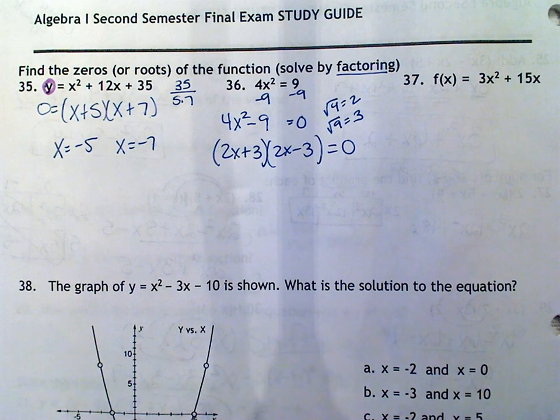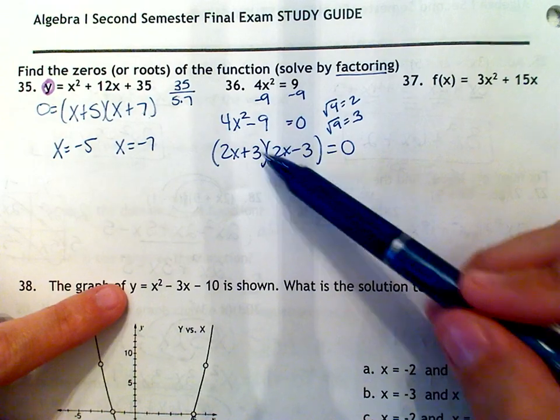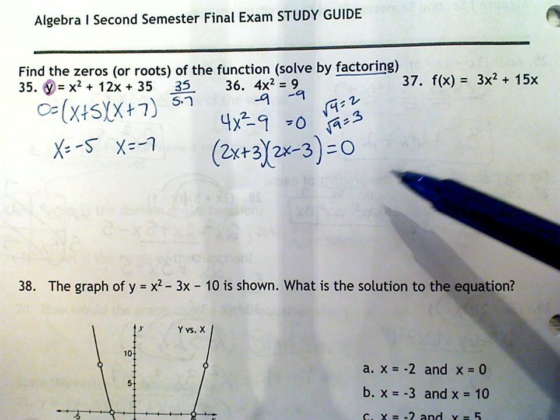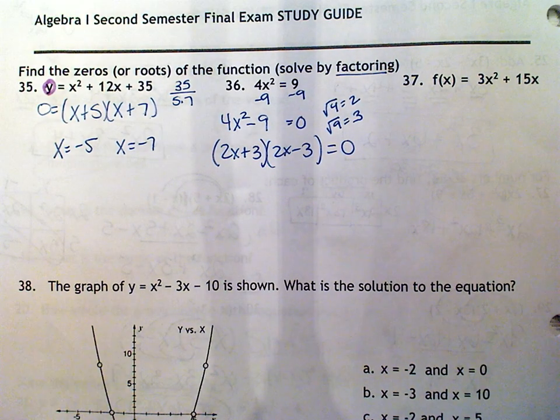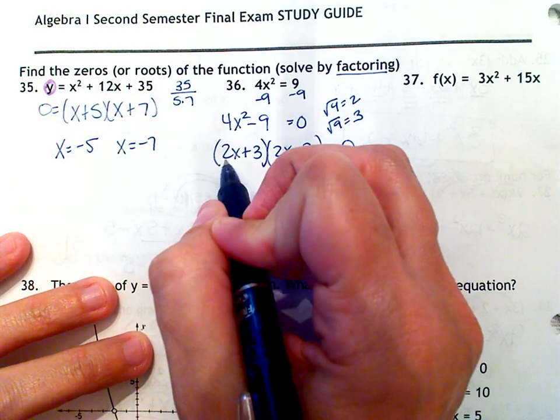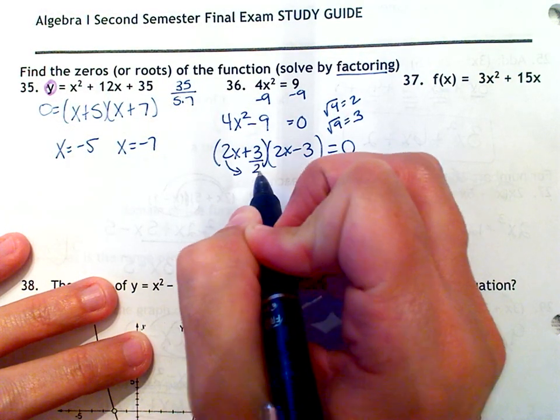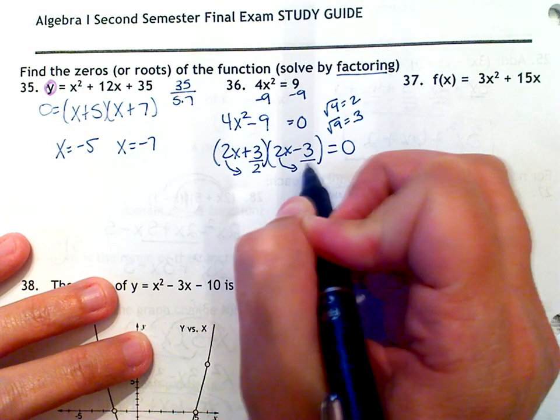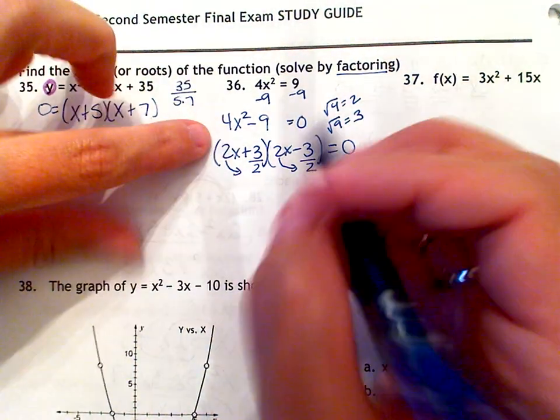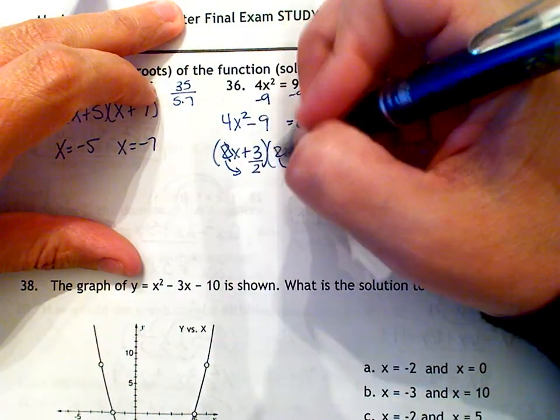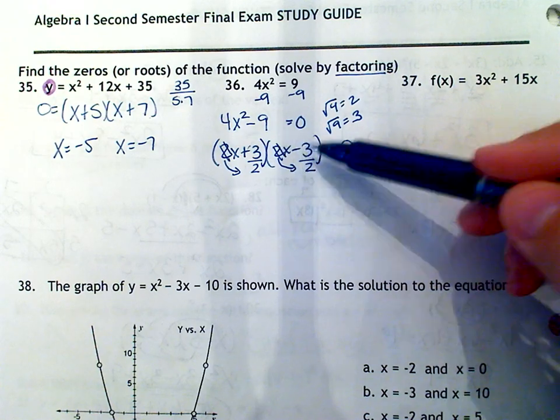Now, if you'll remember from before, we said that you can take this, set it equal to 0, and solve. Or the easier way to do it is to move the 2 back down. And then you can just look and take the opposite of this.